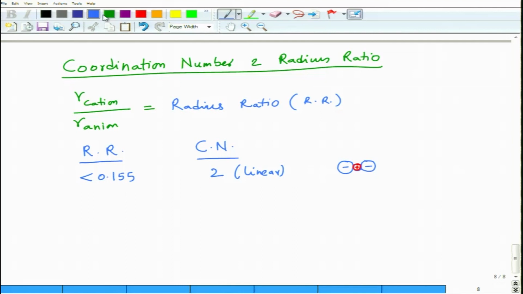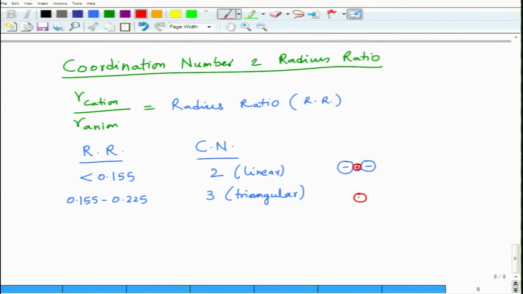The second guideline is between 0.155 and 0.225. So when the cation to anion radius ratio is between 0.155 and 0.225, then you tend to have a threefold or triangular coordination. So in this manner, first make a cation.